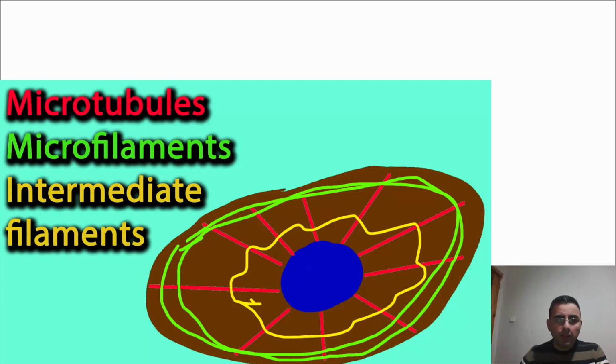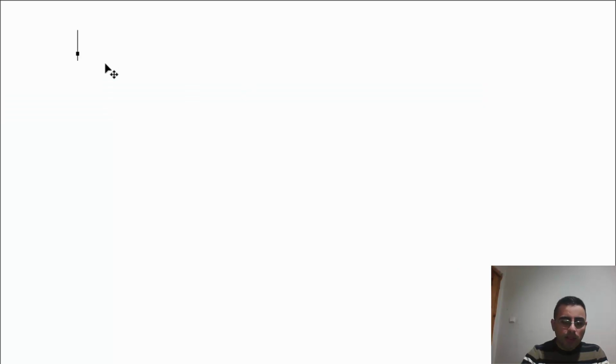There are three components of cytoskeleton structures: microtubules, microfilaments, and intermediate filaments.